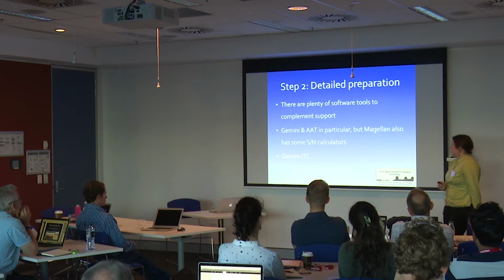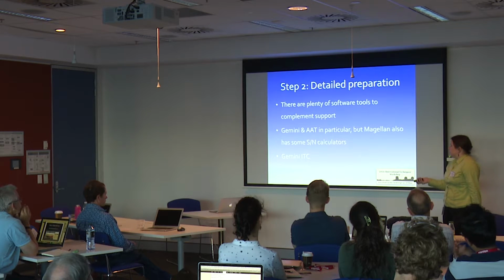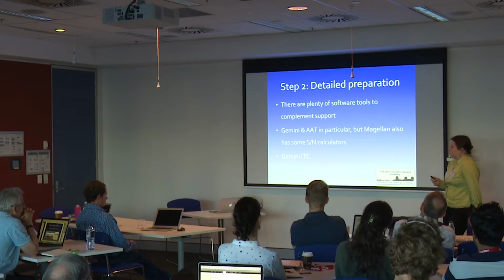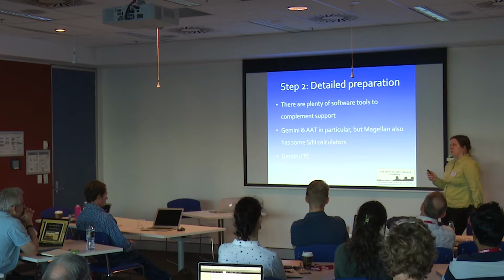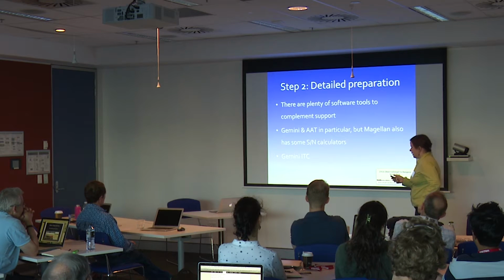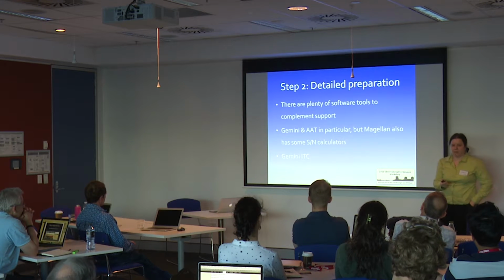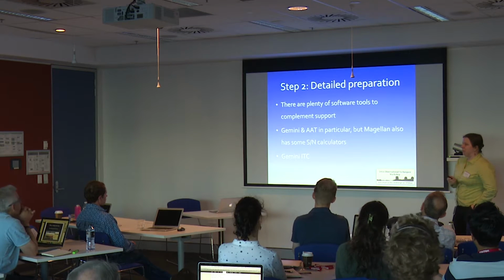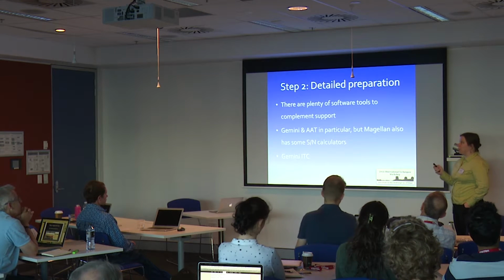So in terms of signal to noise calculators, the Gemini and the AAT have them. Magellan, I think, has something available, and Keck has a few specific ones for different instruments. Gemini also has an integration time calculator, which is something that I've been playing with recently. But know where these things come from, because, like I said, they're not all equivalent.